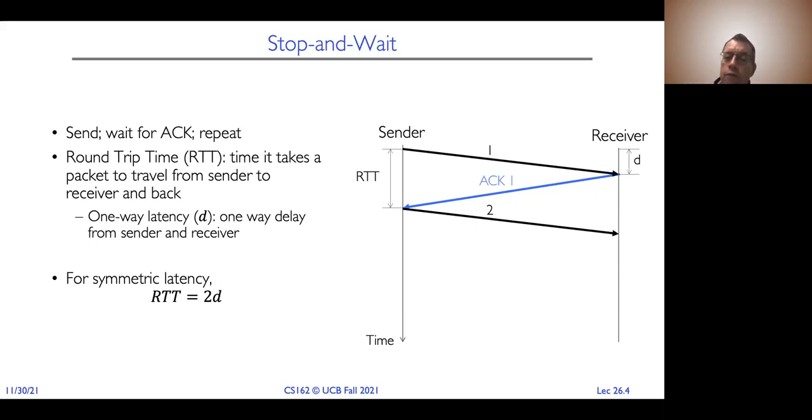And now you need to wait for acknowledgement. So acknowledgement might take the same amount of time, assuming the path is symmetric. It's not necessary for the path to be symmetric, because the packet from the sender to the receiver can go on a different path from the receiver to the sender. And even if they go on the same path, there can be different levels of congestion in the network.